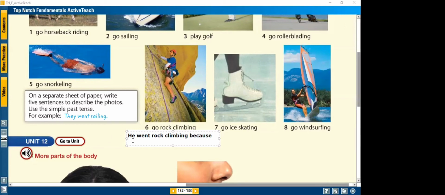So remember that we need the subject. Who does the action? ¿Quién hace la acción? In that case, it is. He went rock climbing because it was the sport he practiced.